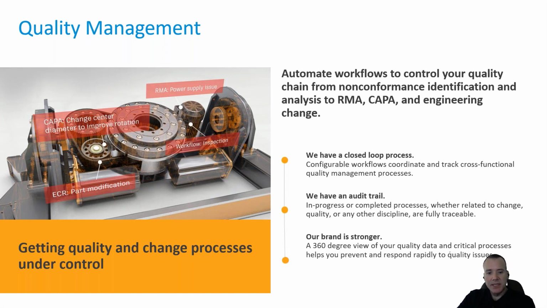Again, I've said this a few times, this idea of a closed loop process. Someone raises an issue, that issue is tracked and worked through its eventual resolution, all through software to provide visibility, right? Ensuring quality is key.